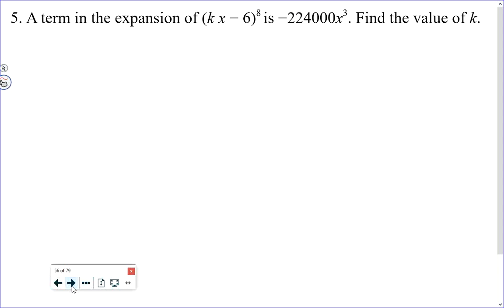The likelihood of it being on a diploma exam is lower. I don't want to say it's low, but of the last 8, 10 diploma exams I've seen, this question appears 4 or 5 times. So it's about 50% of the time on a diploma exam. If you want to know what percent of the time it's on my exam, it's 100% of the time, this type of question.